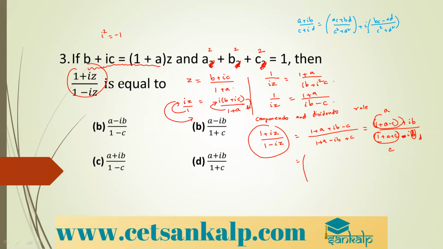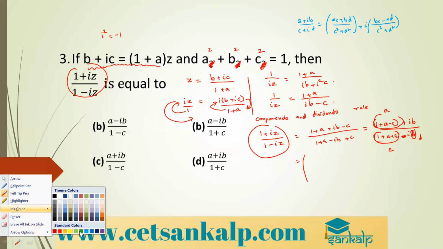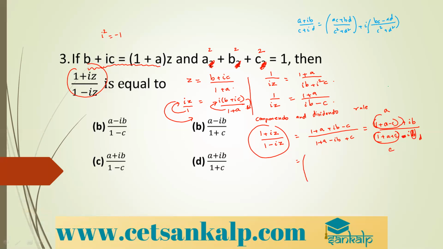When you multiply ac, what will you get? I am doing it separately. When you multiply a and c, 1 plus a minus c into 1 plus a plus c, just like a minus b into a plus b, that will be a square minus b square.